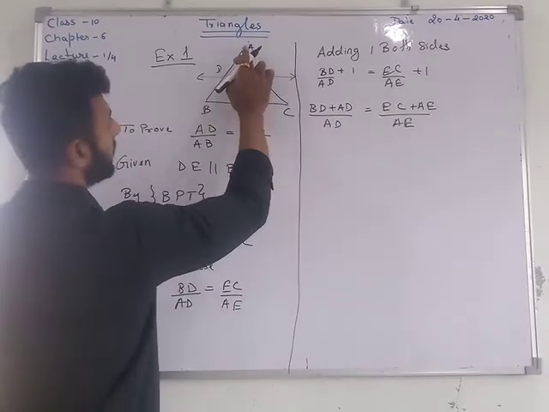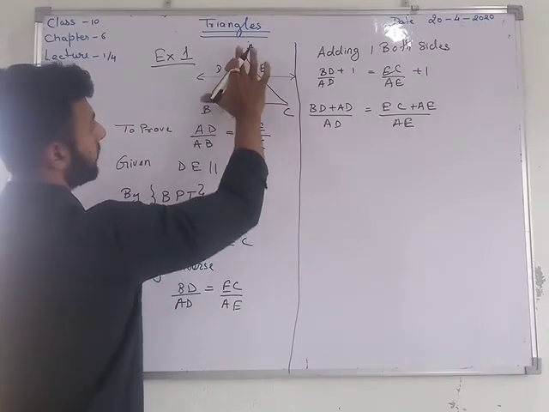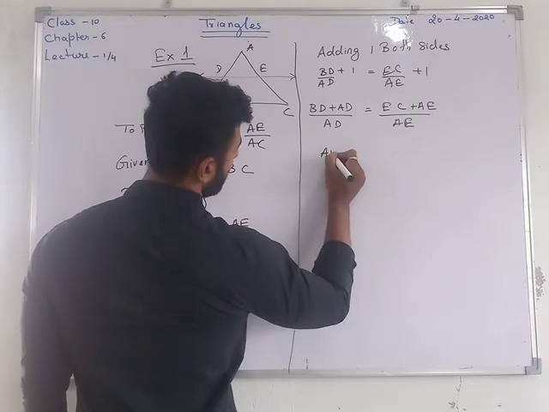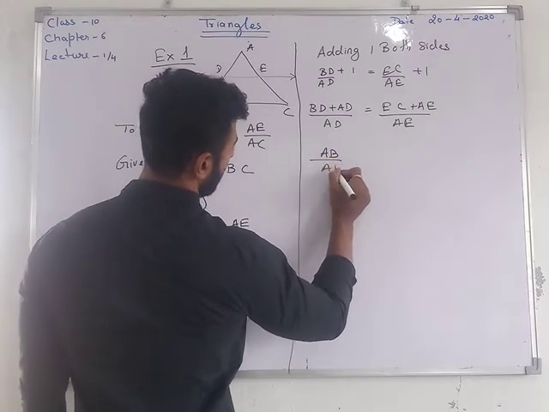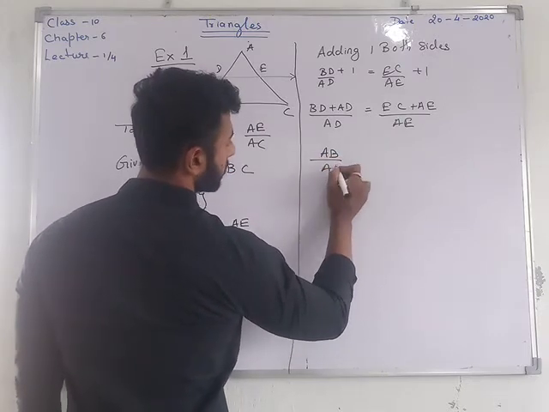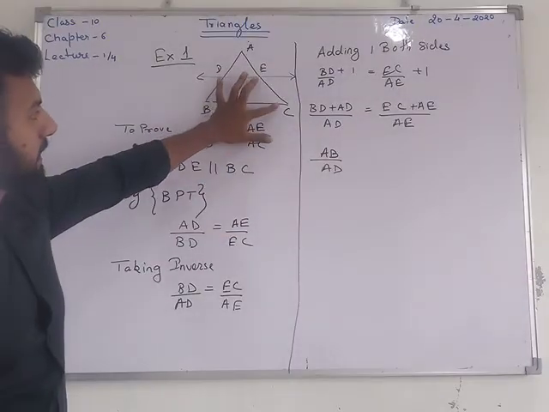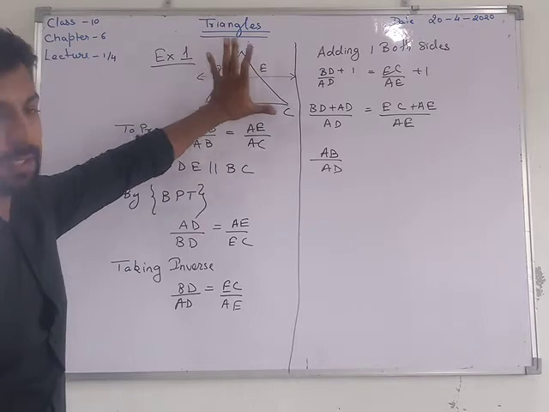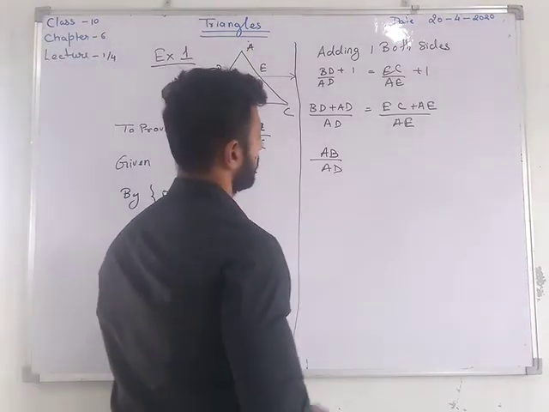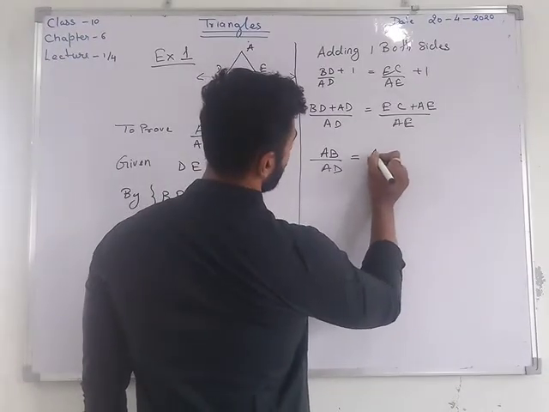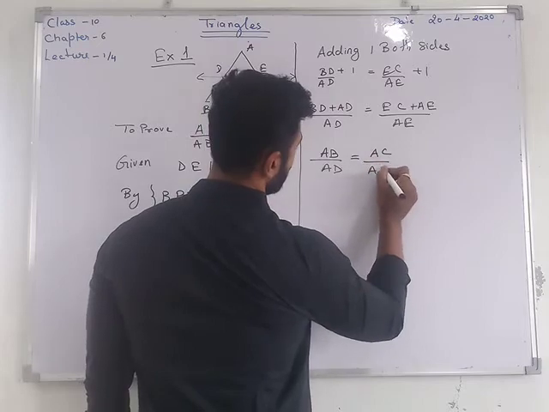BD plus AD will be AB upon AD, and EC plus AE will be AC, so this is AC by AE.